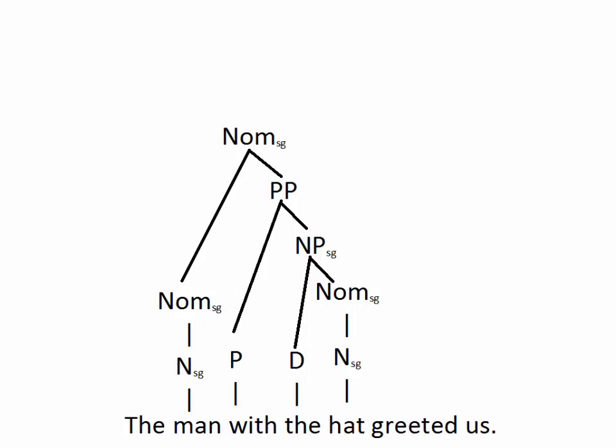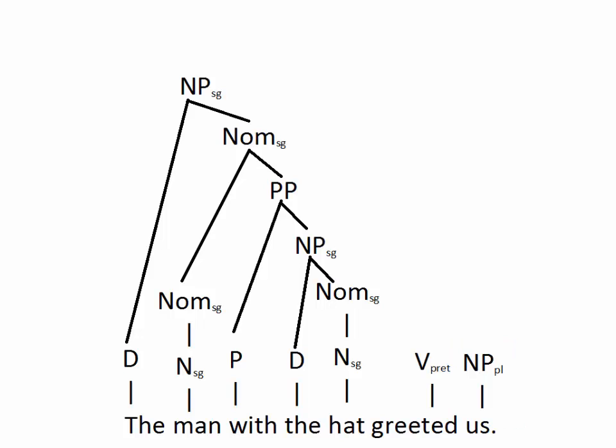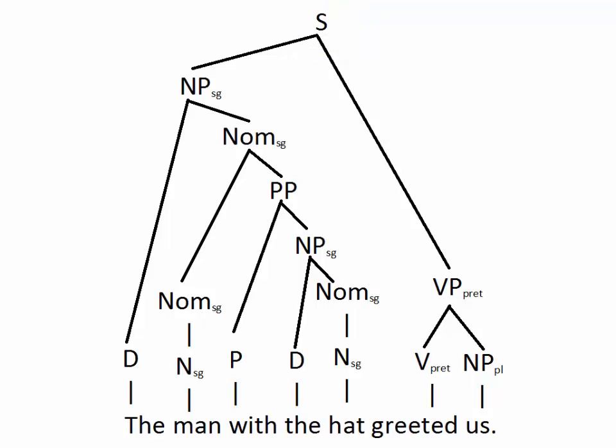Now that we have the noun with all of its modifiers built up, we can add in the determiner to make the noun phrase, and that will give us the subject of our sentence, the man with the hat. And of course then we can build up the verb phrase in the normal way, with the verb plus the following noun phrase forming the verb phrase. And as expected, then the subject plus the verb phrase gives us the sentence. And this will be the structure for the man with the hat greeted us.